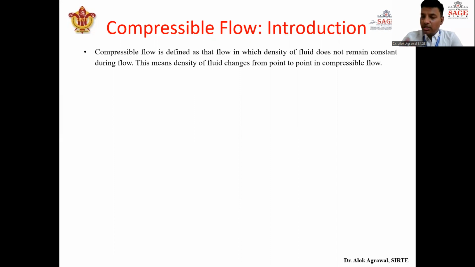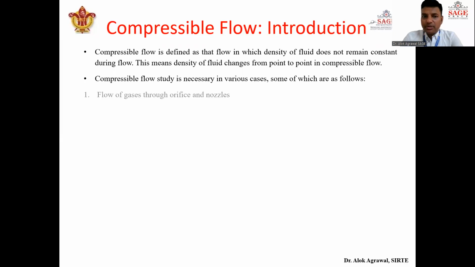Here the density of the fluid will not remain constant, and that type of flow is called compressible flow. It means that point to point, when the fluid is flowing, at each and every point there is a possibility that the density of the fluid may change. Compressible flow study is necessary in various situations.